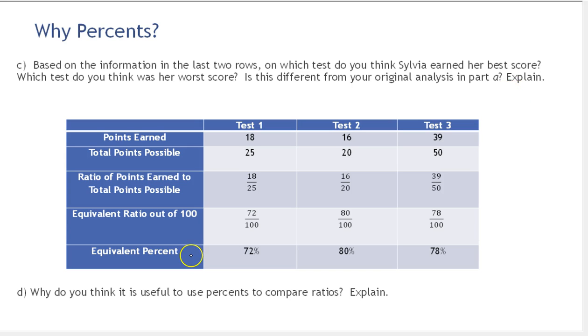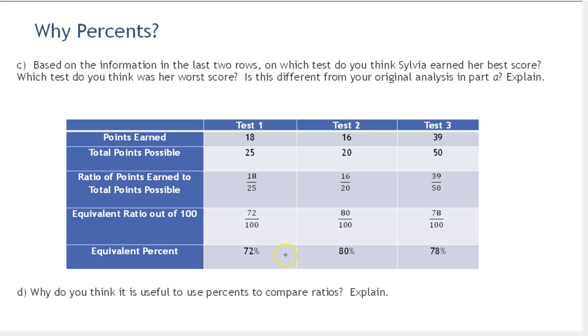But if we think purely in terms of not how many she got wrong or correct, here she got the most correct, but there were more questions. Here she got 4 wrong, and here she got, let's see, 7 wrong. If we don't consider those comparisons, but just the multiplicative comparison, looking at the percents or the ratios out of 100 is a way that we can compare these values with a common denominator.